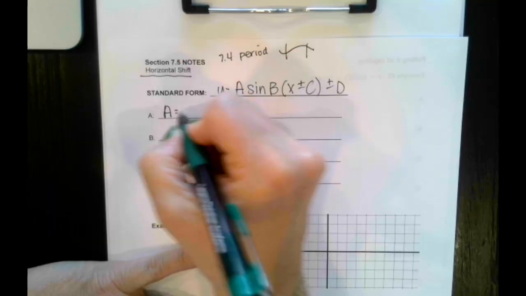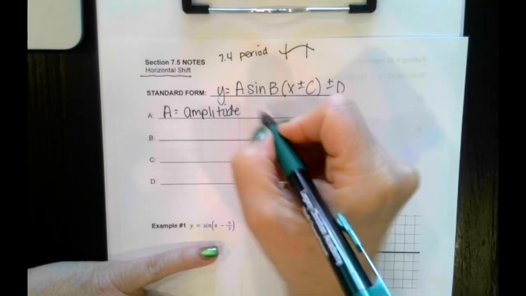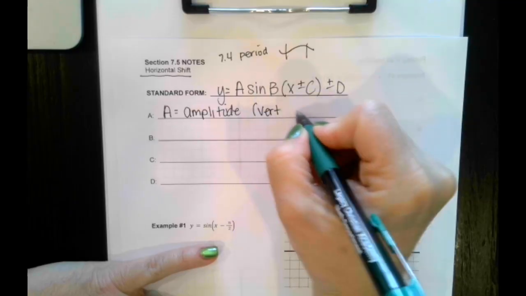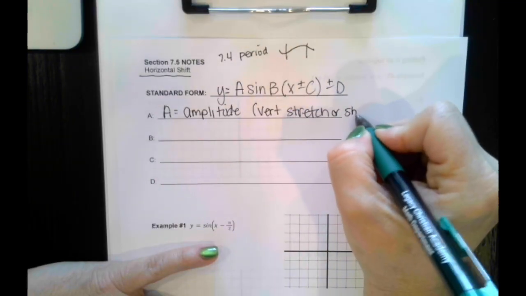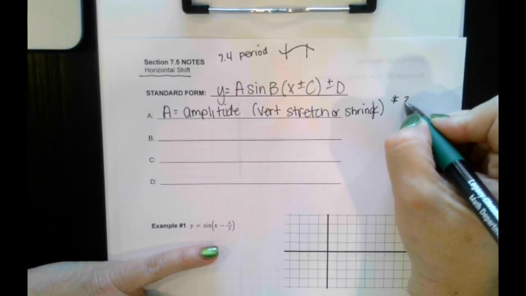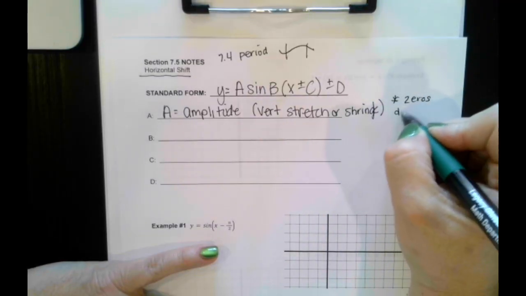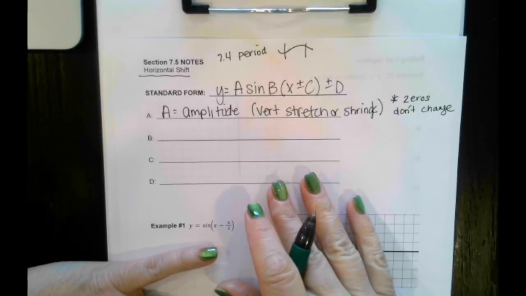We know that the A value is our amplitude, and this tells us our vertical stretch or shrink. What's important on this one is that the zeros don't change. So super important.